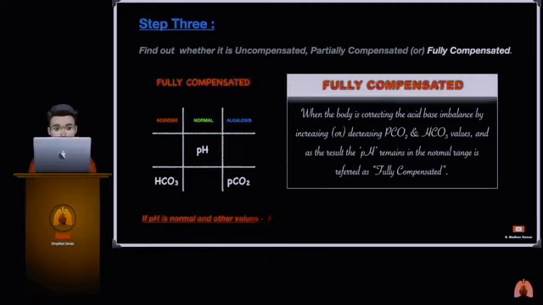That means the body is correcting the acid-base imbalance by increasing or decreasing PCO2 and HCO3 values, and as a result the pH remains in the normal range.